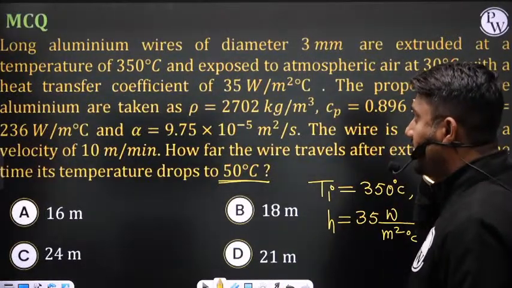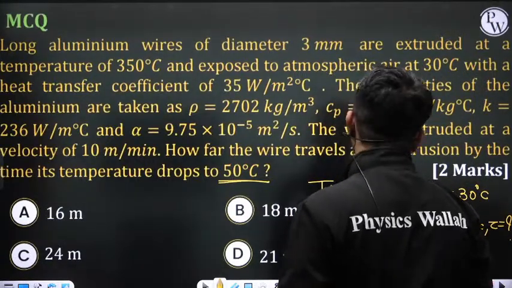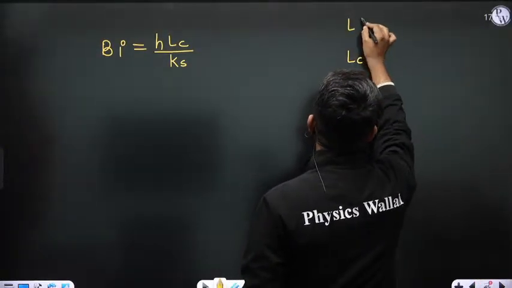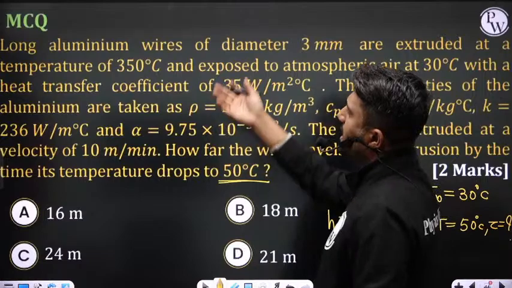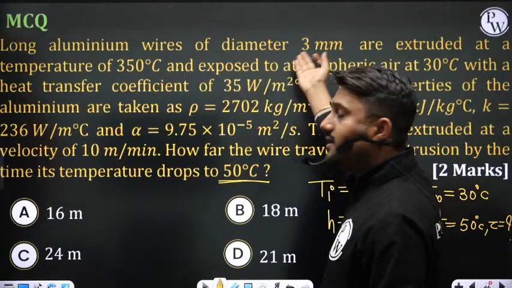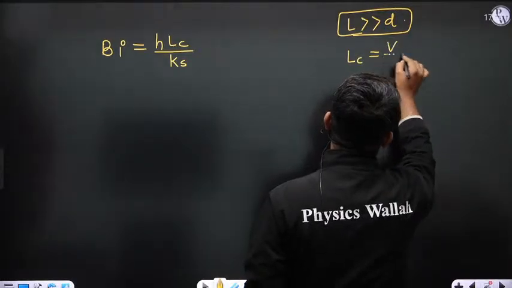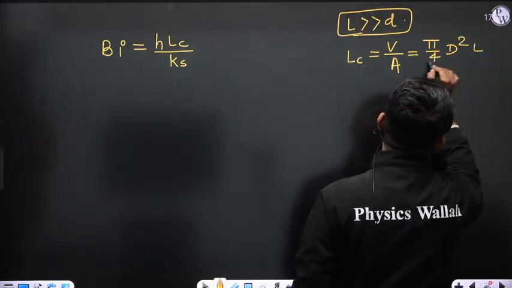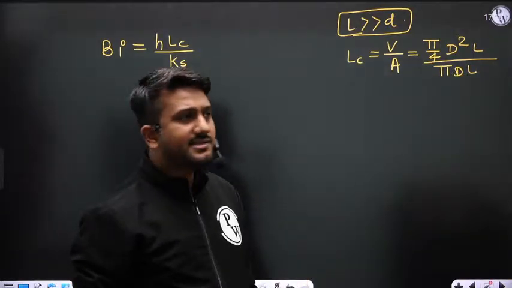Now see, the aluminium wire is cylindrical in shape, right? Length is not given, only the diameter is given. So for the characteristic length, the length is very much greater than the diameter, because it is given in the problem that your aluminium wire is long. The diameter is 3 mm. So L is much greater than D. So simply we can say Lc is equal to V by A, where V is pi by 4 D square into L, divided by the area, which is pi into D into L, the surface area.